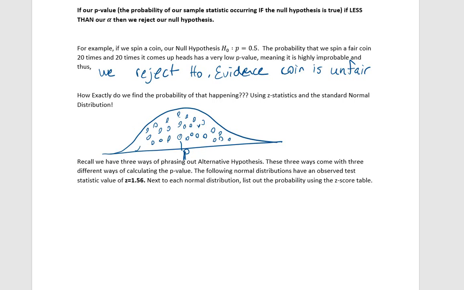Well, it depends on what our alternative hypothesis is. For example, if our alternative hypothesis is that p just does not equal 0.5, well, it's equally unlikely on a fair coin, remember we're assuming that the coin is fair, that we would get a lot of heads or not many heads at all.